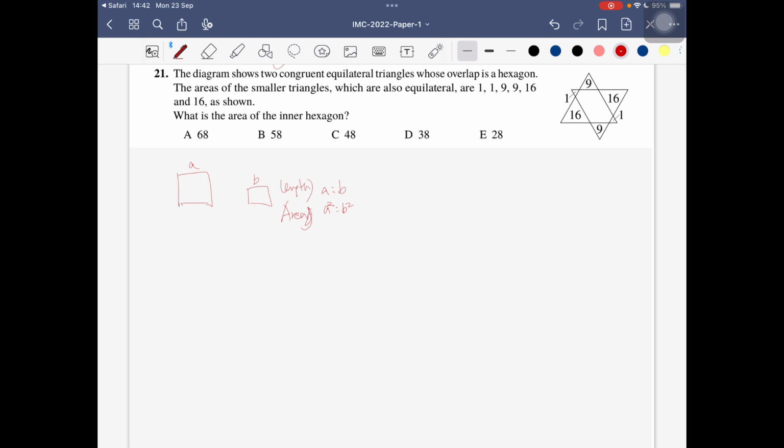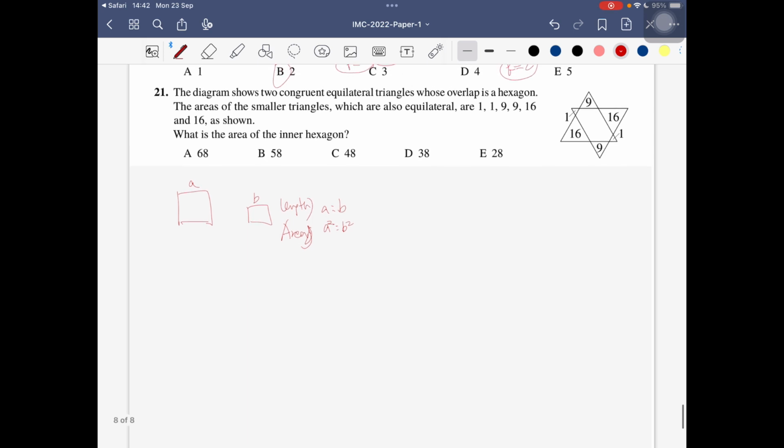So here, because this is 1, 9, 16 and they indicate the area, we can say here x, 3x, this is 4x, which means the larger triangle has side length 8x.